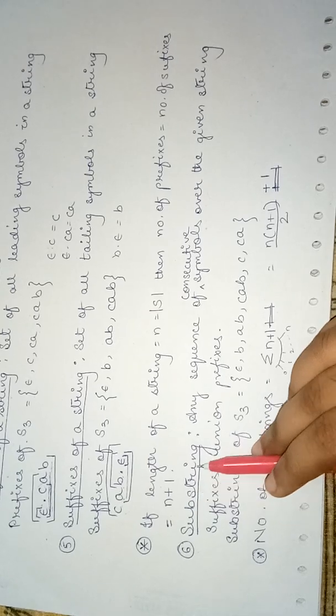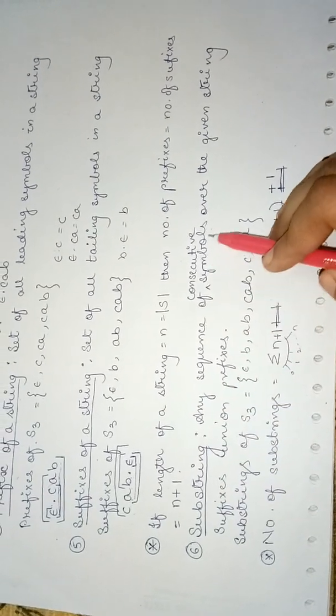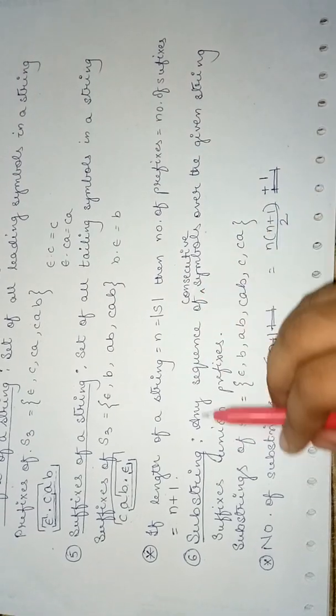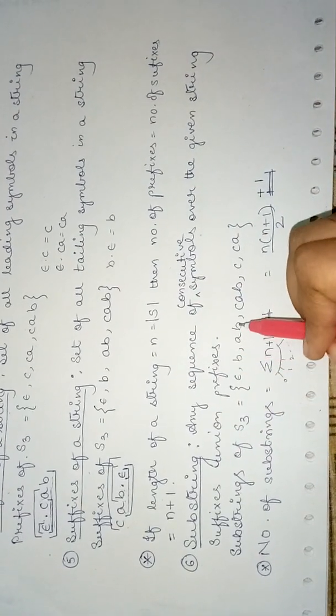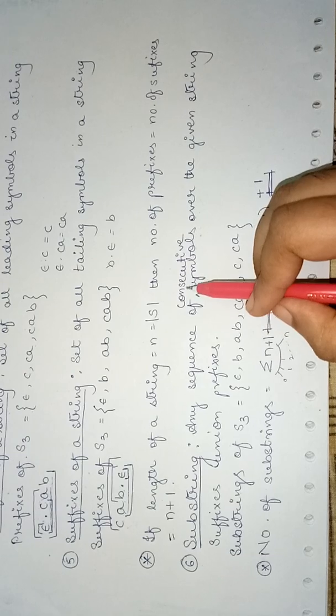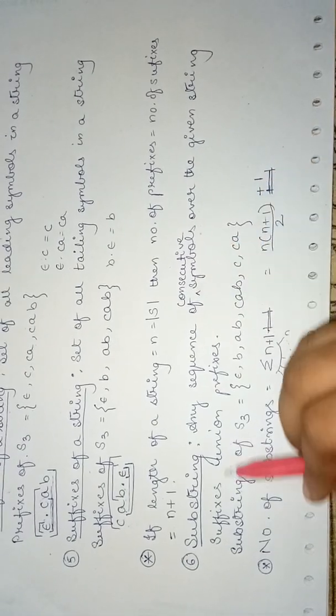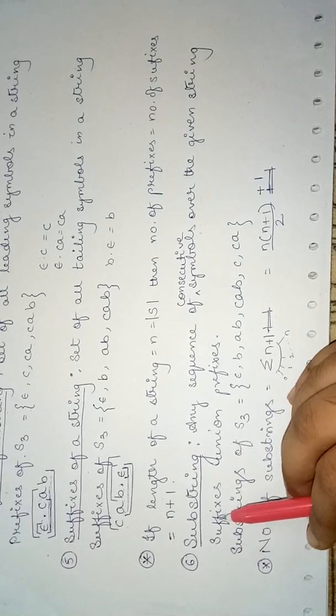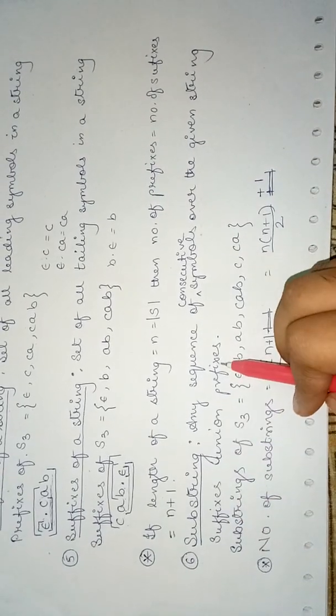Then substring, any sequence of consecutive symbols over the given string. Whatever combination of alphabets we take, they should be consecutive to each other, and this can be treated as the set which is suffixes union prefixes.